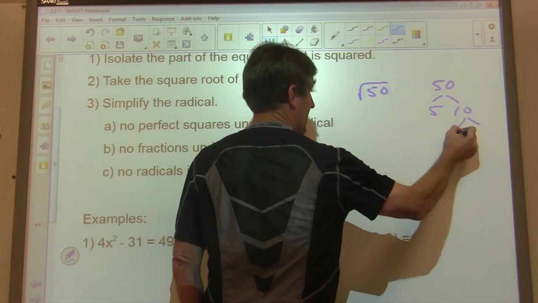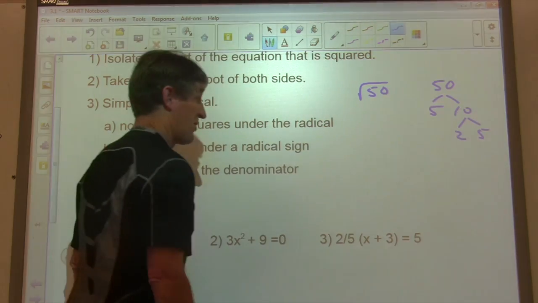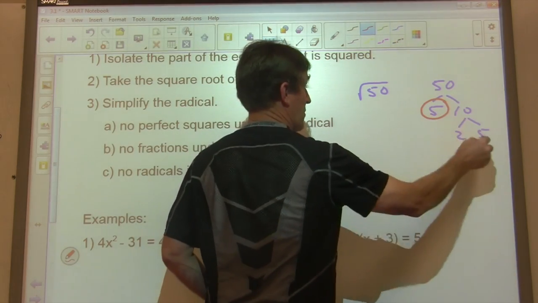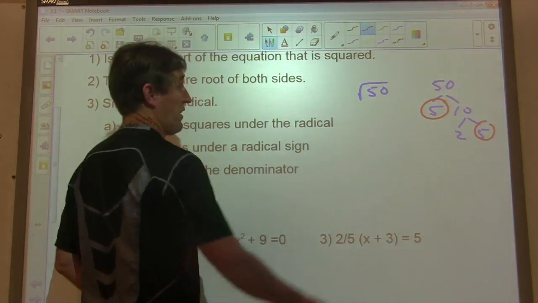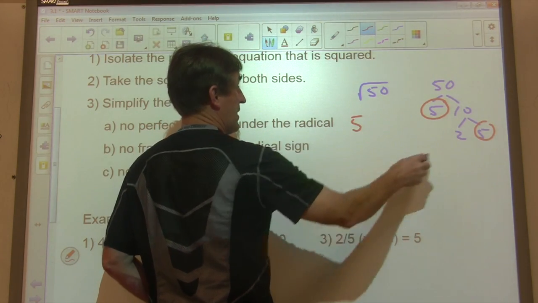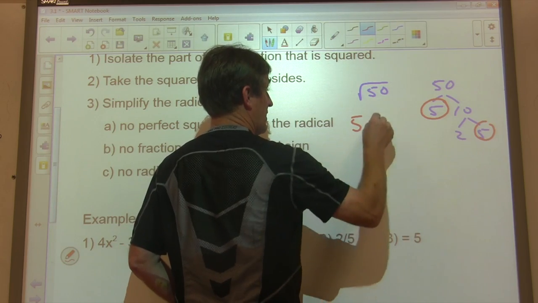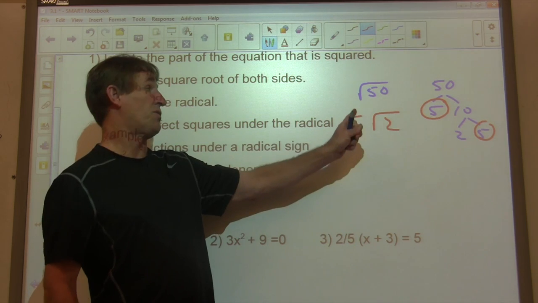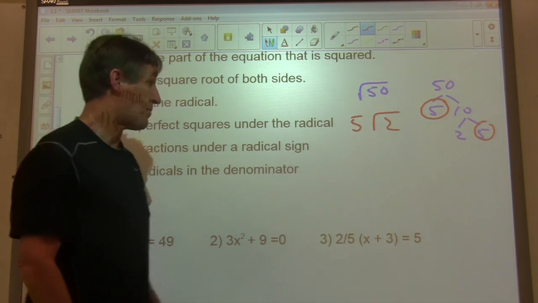And then I can break the 10 into 2 times 5. So what we're looking for is pairs, because I can take the square root of that. So I have 2 5s, and if I have 2 of them, I can pull that 5 out front. And then what I don't have 2 of, stays inside. So the square root of 50 would simplify into 5 square root of 2.